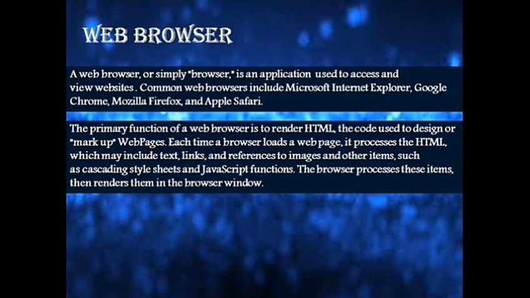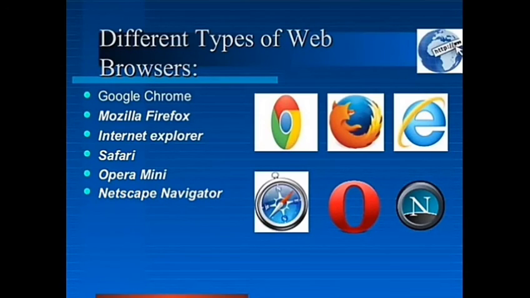Each time a browser loads a web page, it processes the HTML, which may include text, links, and references to images and other items such as cascading style sheets and JavaScript functions. The browser processes these items and then renders them in the browser window.